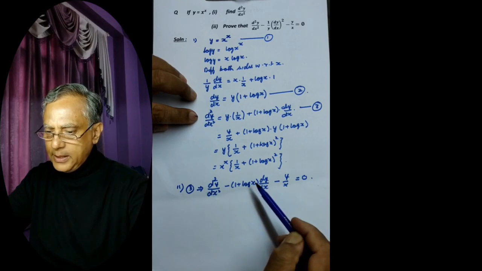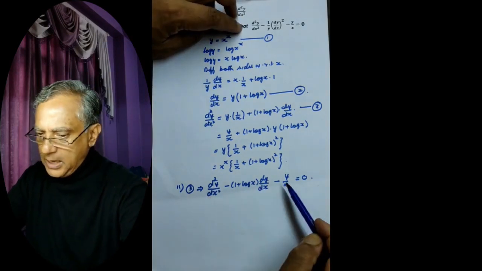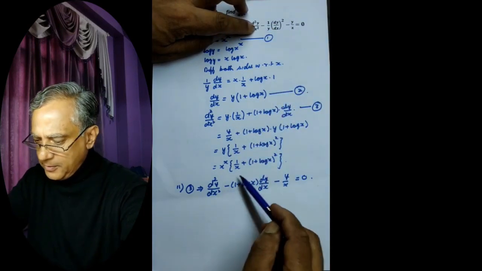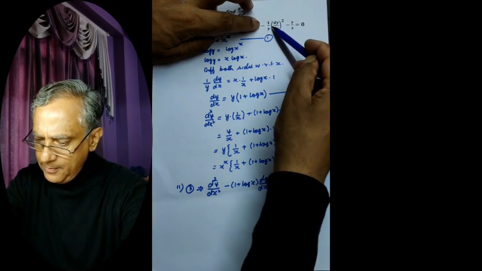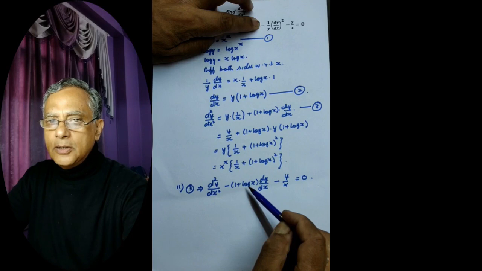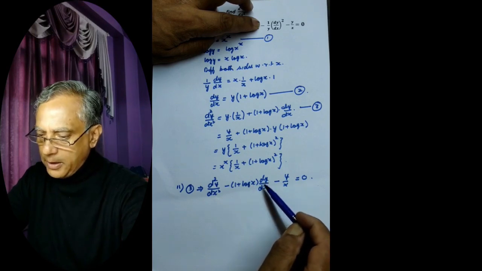Now compare this with this equation. What we see is these two terms are same. Only different is this term and this term. So what we notice, in this term there is no 1 plus log x. So what we do is, we substitute 1 plus log x in terms of dy by dx.